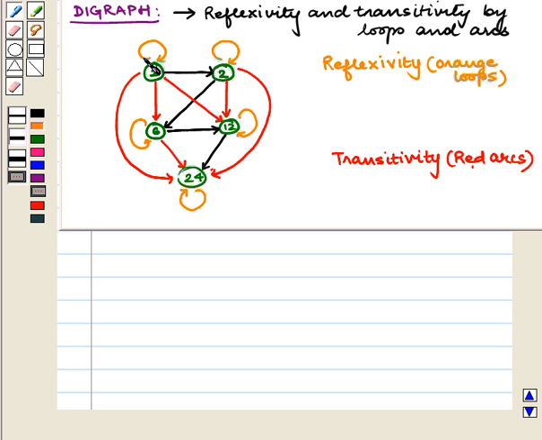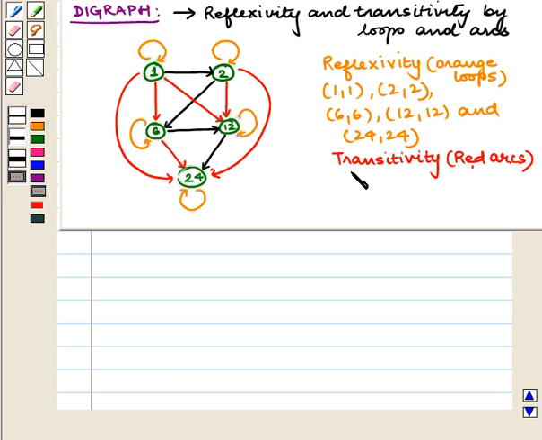Now see, orange loops at the nodes indicate elements of reflexivity, that is (1,1), (2,2), (6,6), (12,12) and (24,24), and the red arcs represent the elements of transitivity.